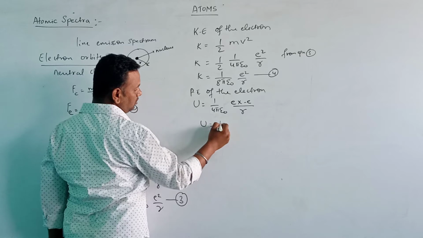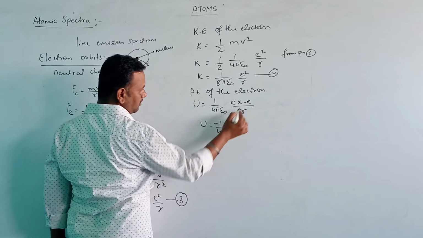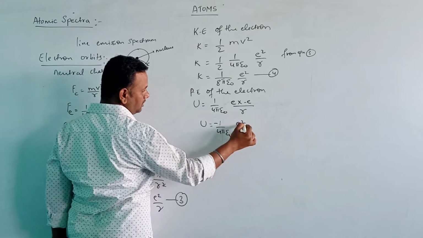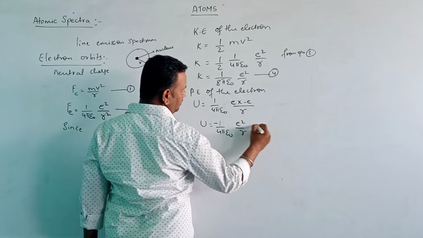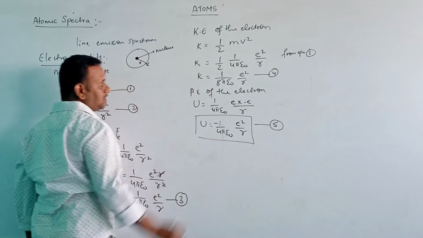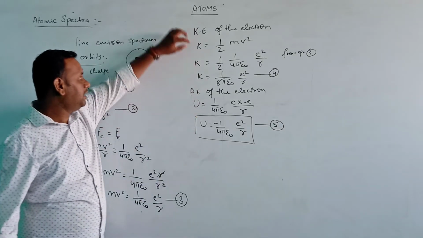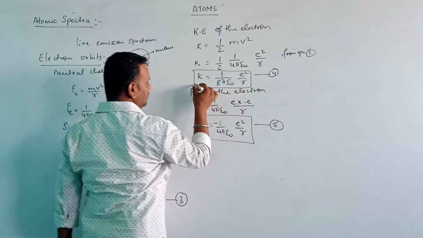So U is equal to minus 1 by 4 pi epsilon naught e square divided by r. Consider this as equation number 5. This is the potential energy of the electron, and this is the kinetic energy of the electron.